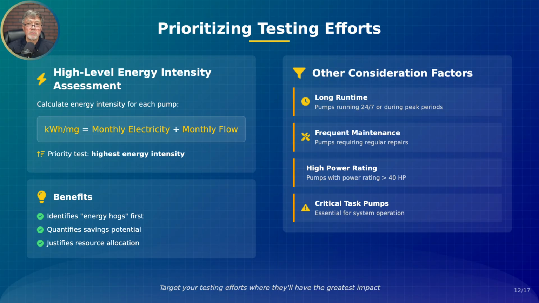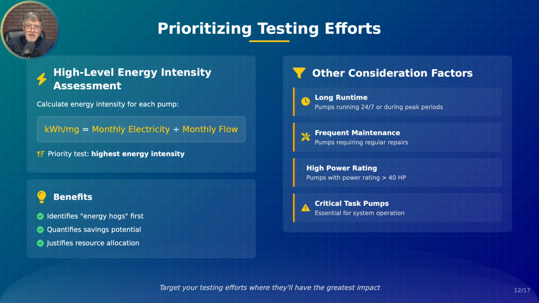Pumps requiring regular repairs, so frequent maintenance. You're going to want to look at those because there's got to be some reason why they need frequent maintenance. High power ratings, pumps with a power rating of greater than 40 horsepower. Those you stand to gain more energy efficiency by really looking at optimizing those pumps because they're drawing a lot more electricity. And critical task pumps.